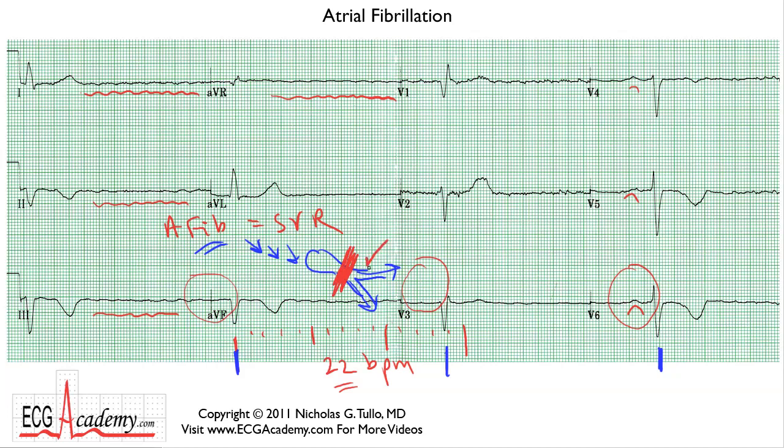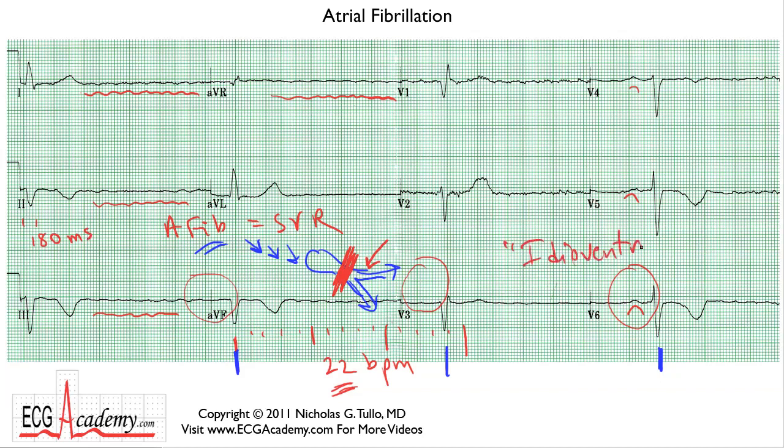And instead what you get is some kind of escape rhythm coming from either the AV junction or the bundle branch or Purkinje system. So the fact that you've got this heart rate of 22 beats per minute and the QRS is rather wide, it's looking at about 180 milliseconds wide, you'd have to call this an idioventricular escape.